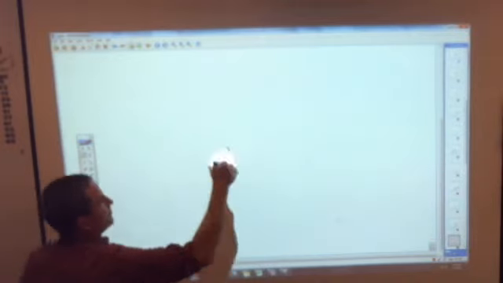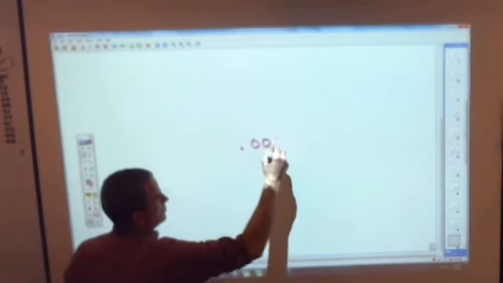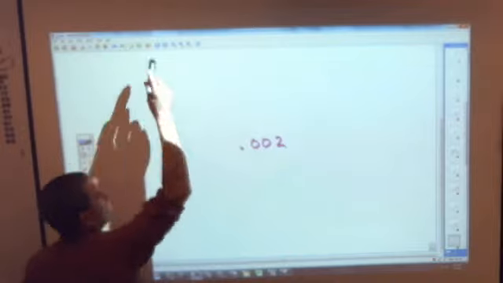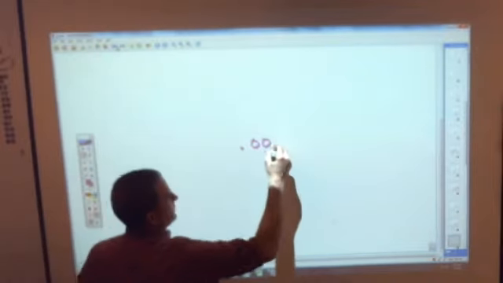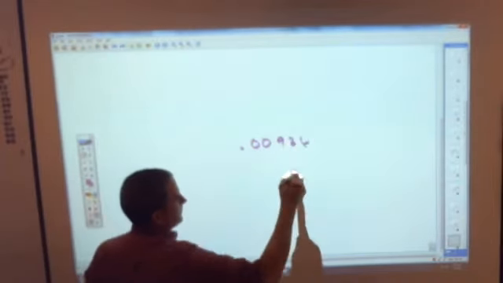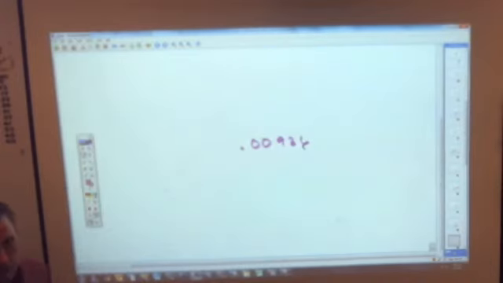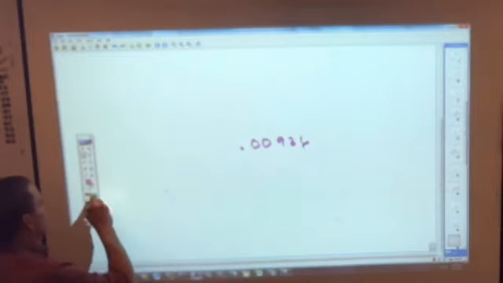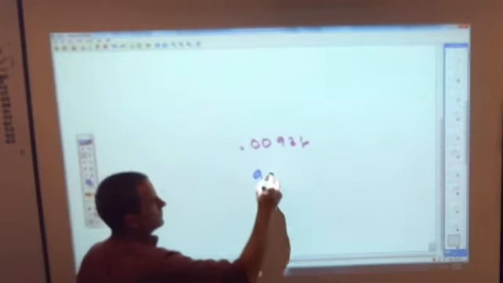Another example would be 0.002, that's not 2, 0.00936. In scientific notation, that would be, who's got a guesstimation for me there? 9.36.